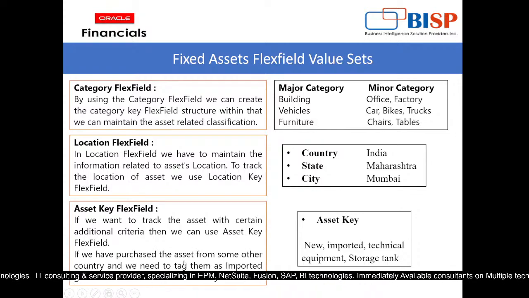So if we have purchased the asset from some other country, or we need to tag them as imported goods, then we can use the imported asset key flex field value to mark it as imported or new, or a technical equipment or a storage tank, or likewise we can tag that asset to identify what that asset belongs to. These can be any number of your non-financial data. So these are the three value sets which we are going to create.